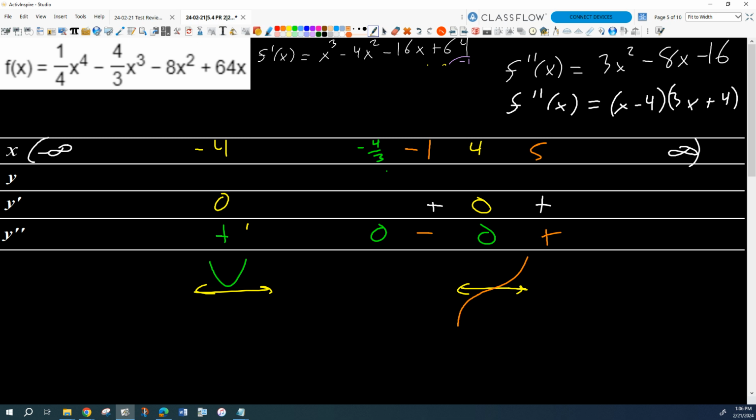I know that the function's increasing to the left of this 0, so I know that's positive. No matter what, the slope of any tangent line to the curve between -4 and 4 is positive, right?